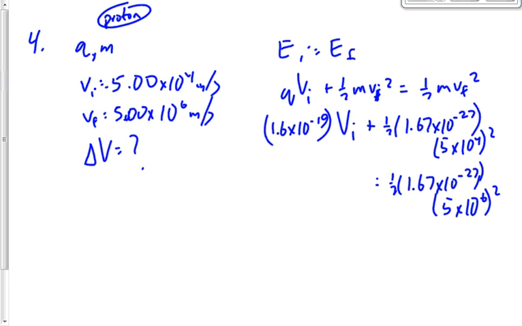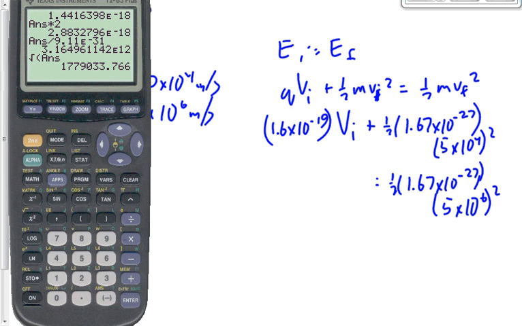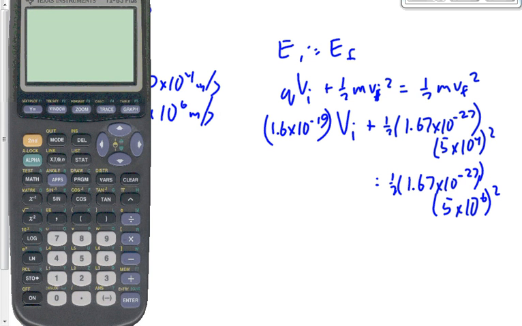Okay, let's calculate this one as a group here now. Let's get the right-hand side. We're doing the right-hand side here, 0.5 times 1.67 times 10 to the minus 27 times, let's do some brackets here, 5 times 10 to the 6. Square that.